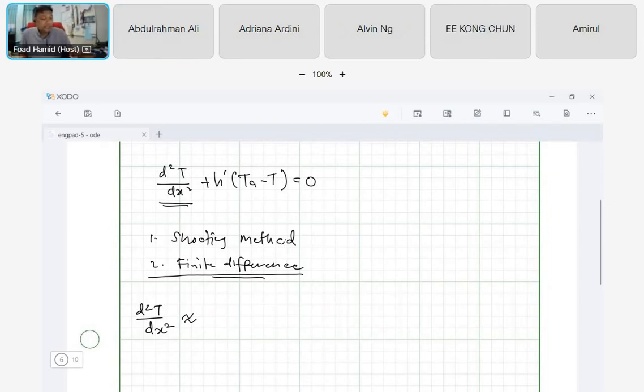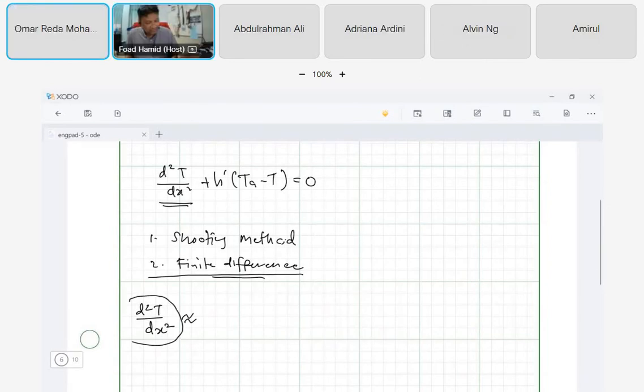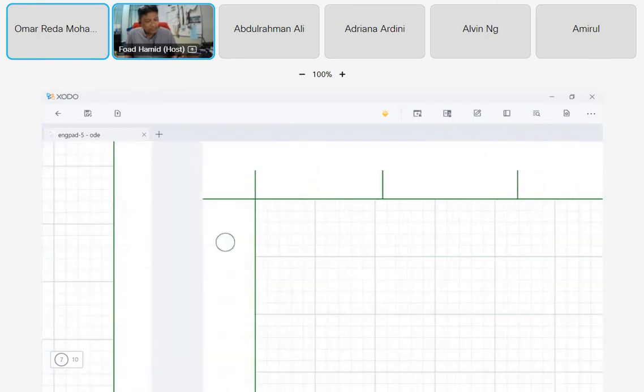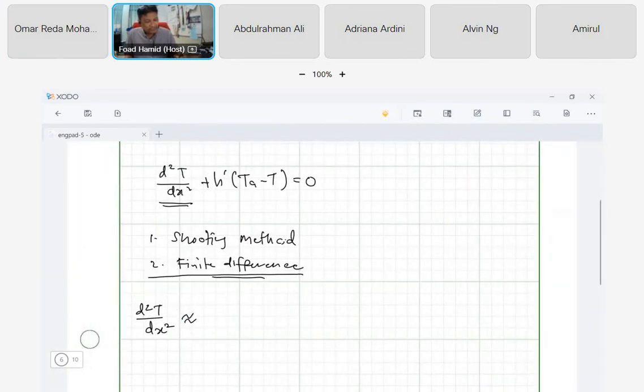No, this is a derivative. This is not an ODE. This is a derivative. The question is, how do we approximate this derivative here? This is the second derivative, right? Okay, so how do we approximate this?